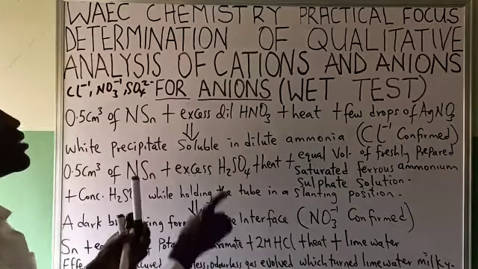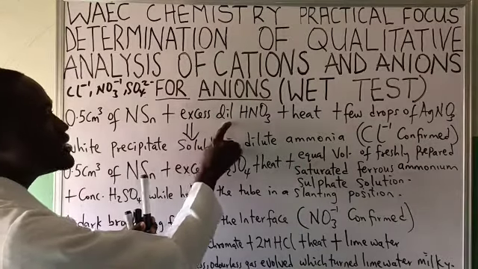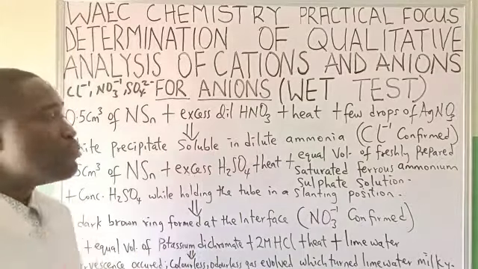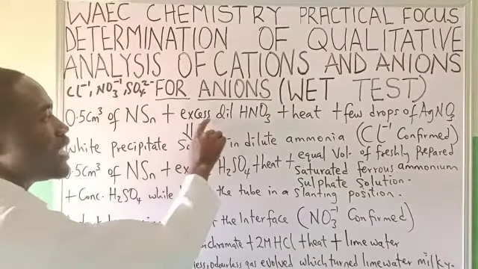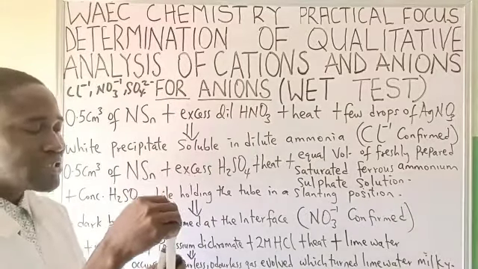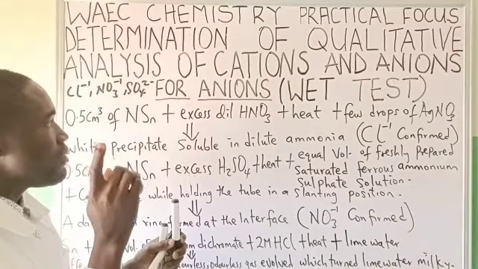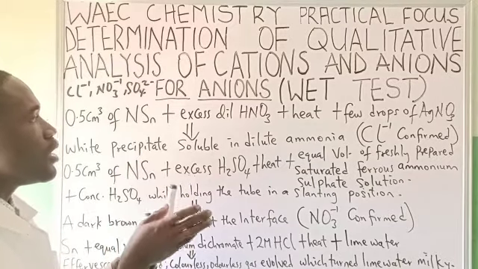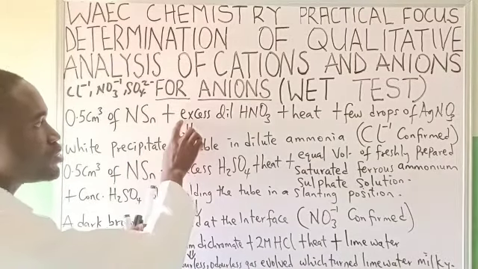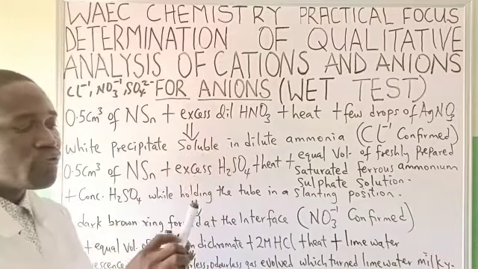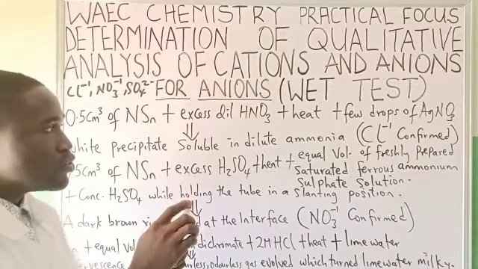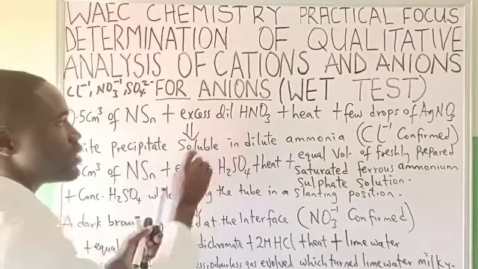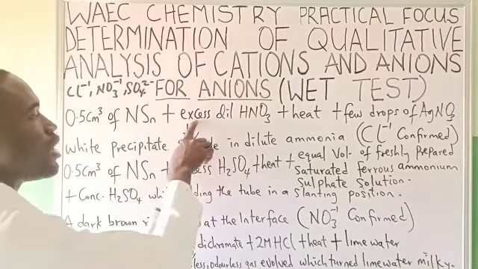When you do that, put excess dilute HNO3, that is nitric acid. Apply caution while putting it. Just put it in excess. That does not mean you should fill up the test tube. Just put enough quantity of it. That is what we mean. How will you know you have put enough?